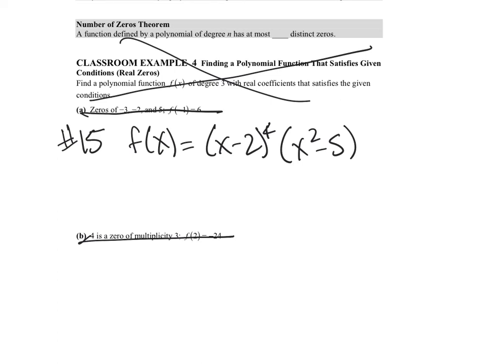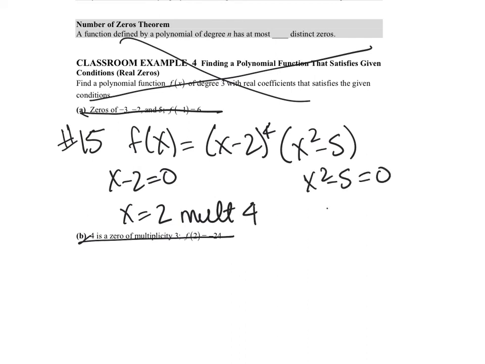Multiplicity means how many times. So if I do x minus 2 equals 0, x equals 2 with a multiplicity of 4, because the exponent's 4. If I do x squared minus 5 equals 0, x squared equals 5, and if we square root both sides, x equals plus or minus the square root of 5.